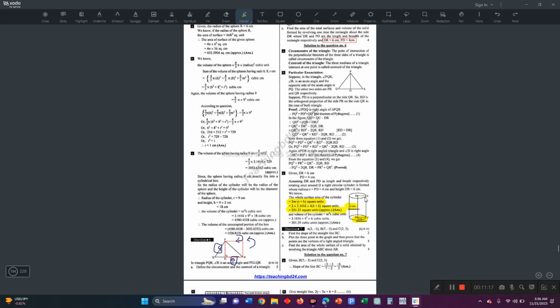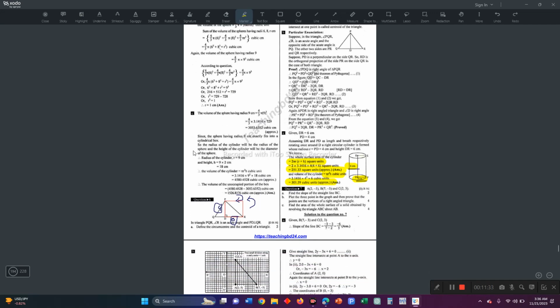And then further, if we want to determine the volume of the cylinder, that is pi r square h, putting again these values here, we will get the volume of the cylinder. That is 301.59 cubic units.